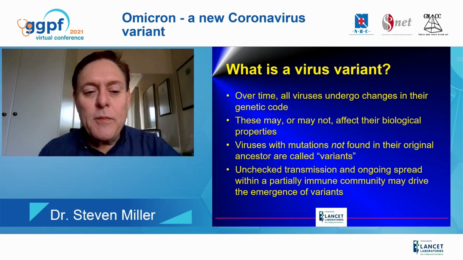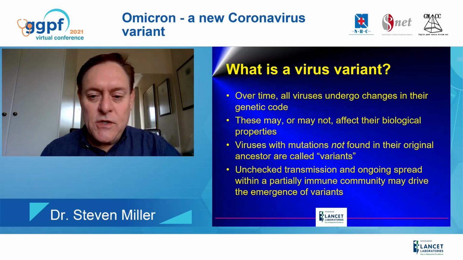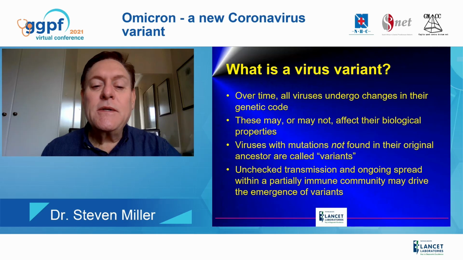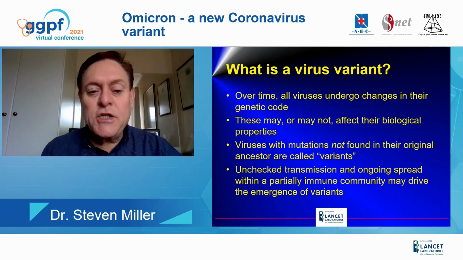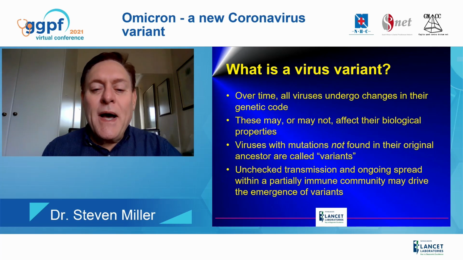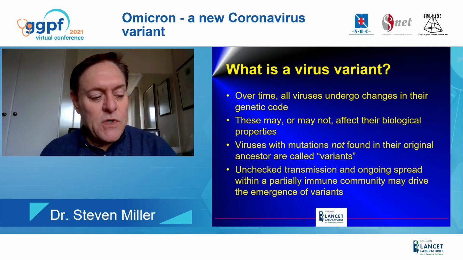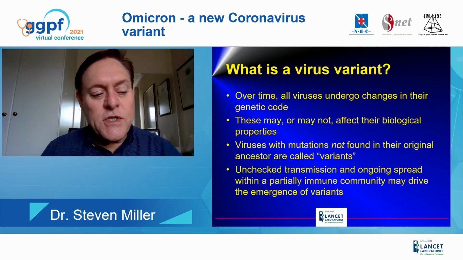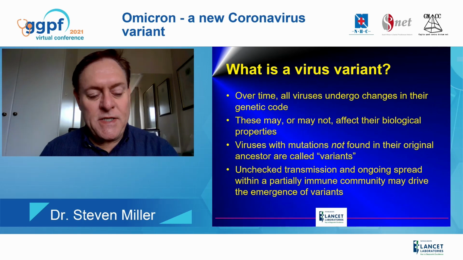This is a natural phenomenon, but we have a little concern that if you have a community such as ours, where there is ongoing transmission of the virus, which has been the case since the first appearance of this infection, and where the community is partially immune because of low vaccination levels, that you might end up in a situation where the partial immunity of a community encourages the virus to undergo changes in order to escape that incomplete immunity.